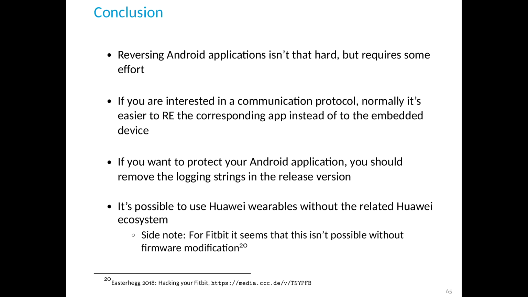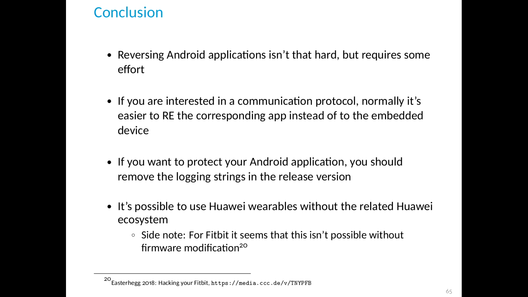So let's come to a conclusion. In my opinion, reverse engineering Android applications isn't that hard, but it requires some effort. If you're interested in a communication protocol, normally it's easier to reverse engineer the corresponding app instead of the embedded device. If you want to protect your Android application, you should remove logging strings in your release version, because that makes reverse engineering much harder.